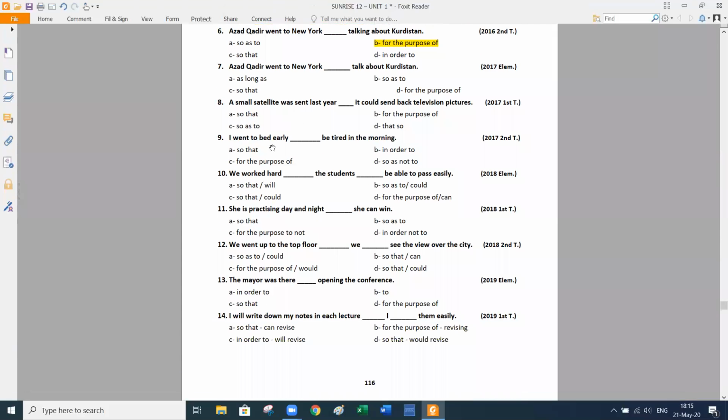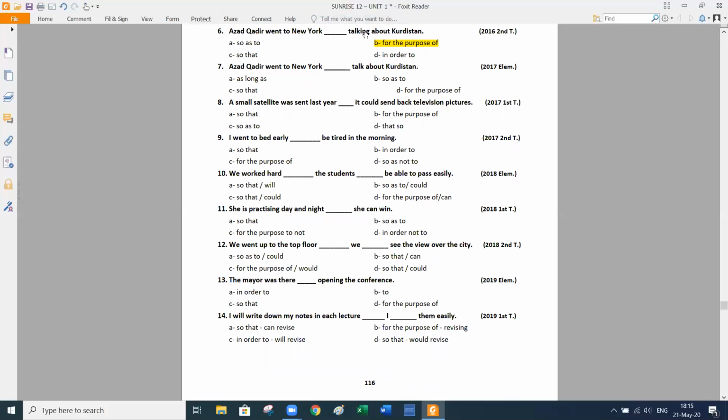Number 7, Azat Kadir went to New York, blank, talk about Kurdistan. The same question, but they changed verb ing into verb 1 form. So you should be careful. If you, for example, memorize the questions, you should be careful. This is not exactly the same question.